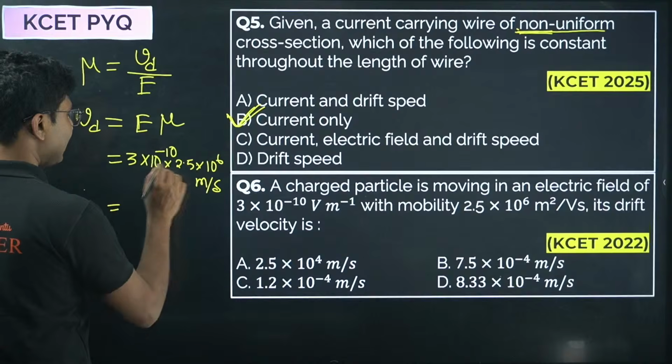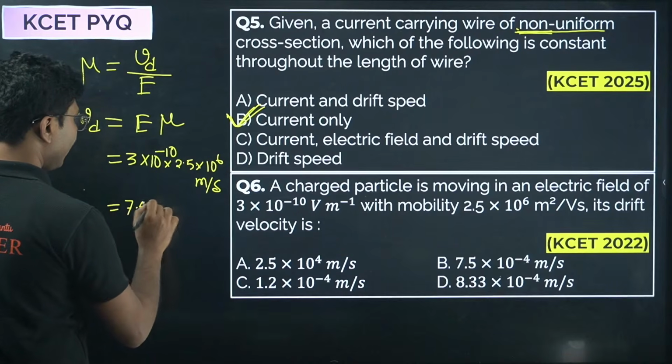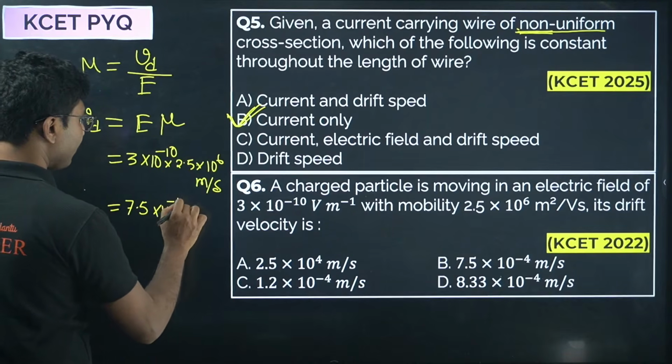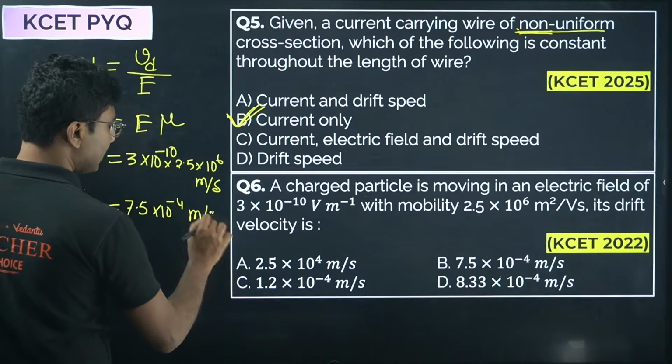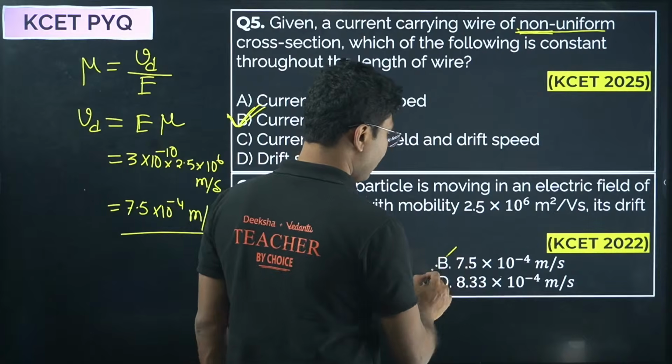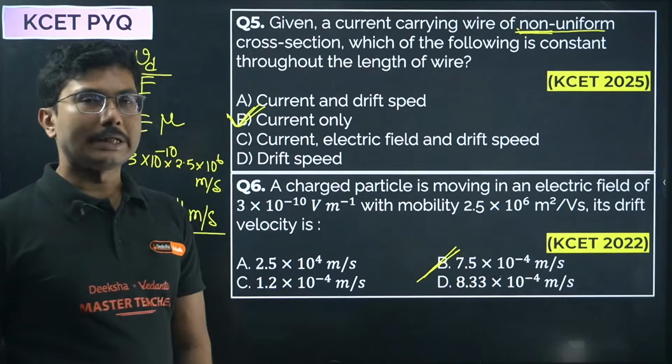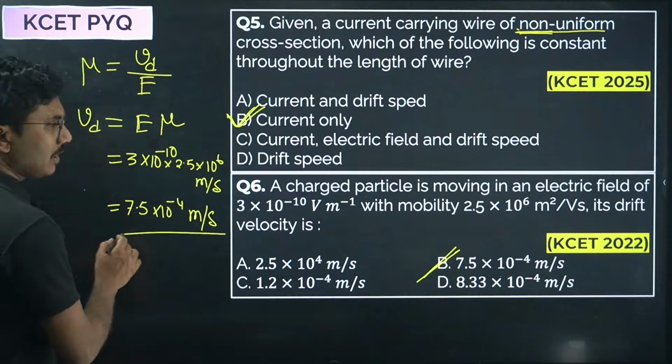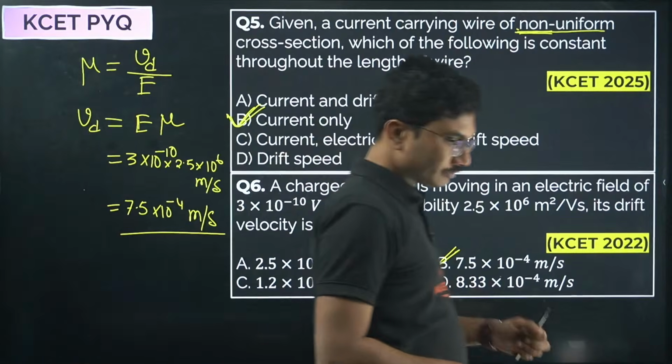Now if you multiply, 7.5 into 10 to the power of minus 4 meter per second. So option B is correct.